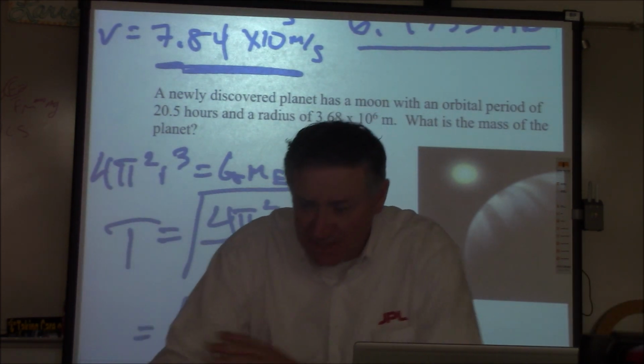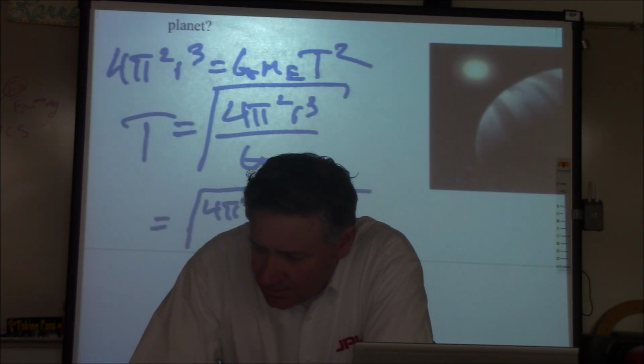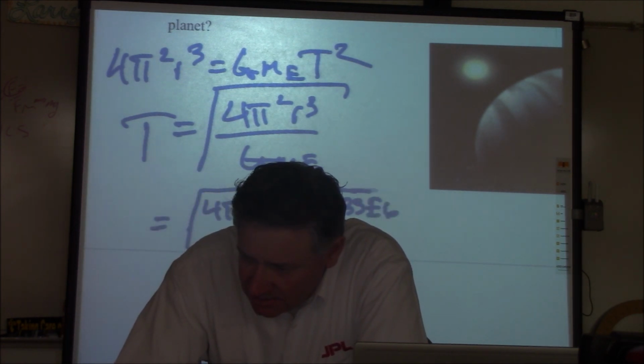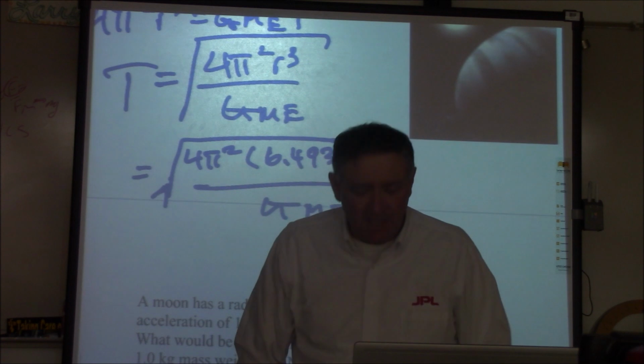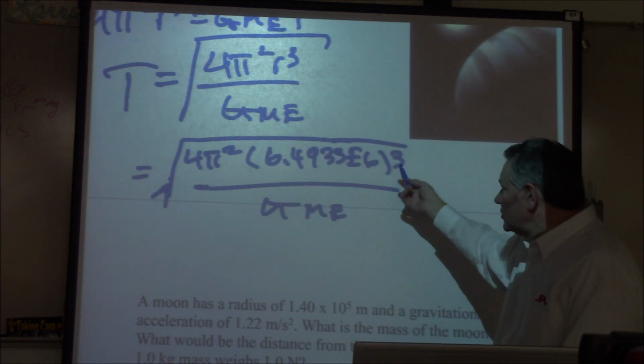So now your radius we said was 6.4933 e to the sixth. That's going to get cubed, divided by big G, mass of the Earth. Now, don't forget to cube this number.